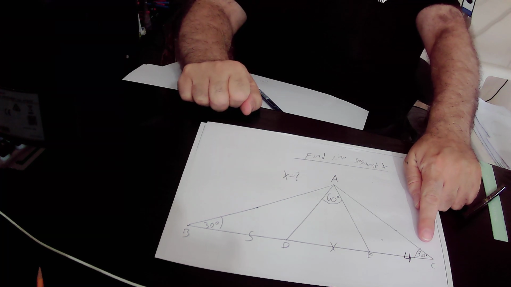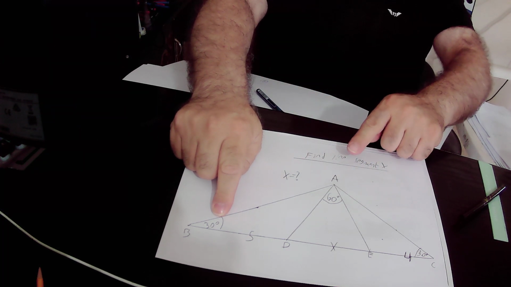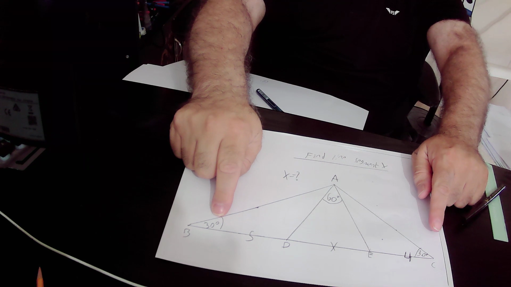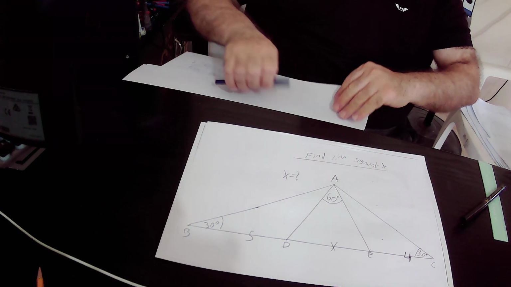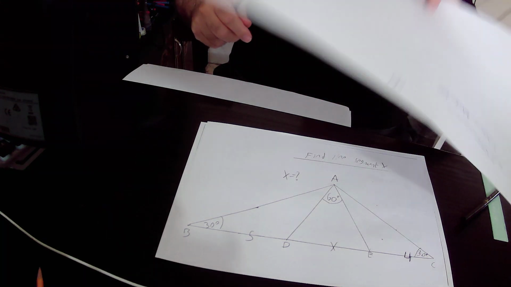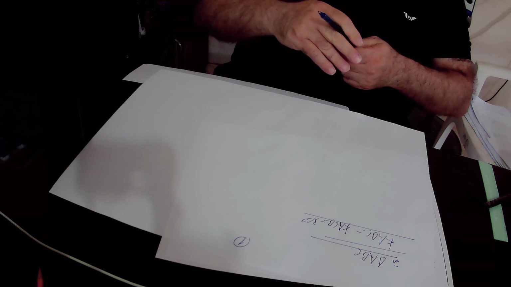So in front of this angle we have side AB, and in front of this angle we have side AC, and according to the rule that I mentioned, side AB must be equal to side AC in triangle ABC.